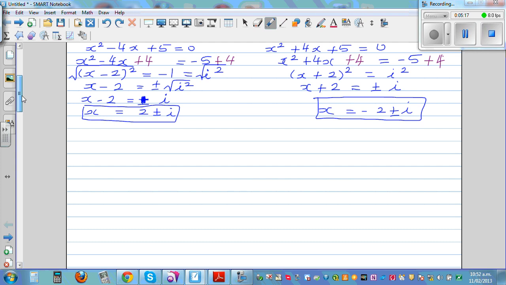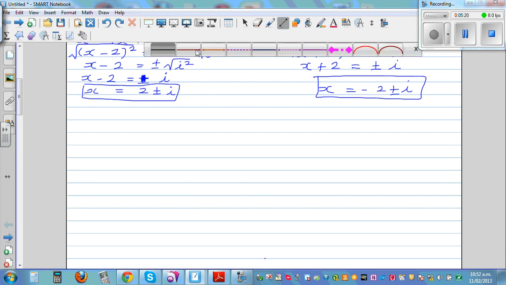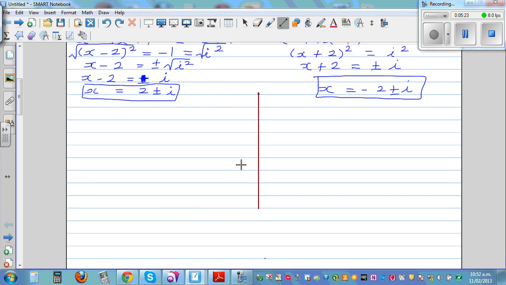Now we want to graph this, so let me do a sketch of it. This is your y-axis and this is your x-axis. Say this is i, this is 2i, this is minus i, this is minus 2i. So this is your imaginary axis, and this is your real axis. You got 1 and 2 here, and negative 1 and negative 2.